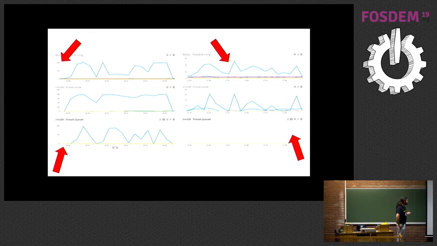This was the maximum. Threads inside InnoDB, before they had 80, while with ProxySQL they have a few spikes to 15. And more interesting is that the queue, the threads in the InnoDB queue, with straight connection to MySQL again spiked to 100, while with ProxySQL it was flat at 0.